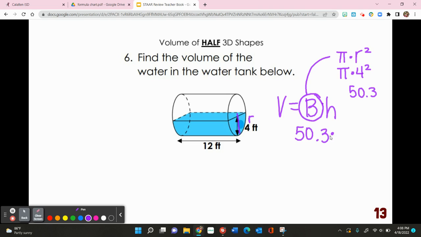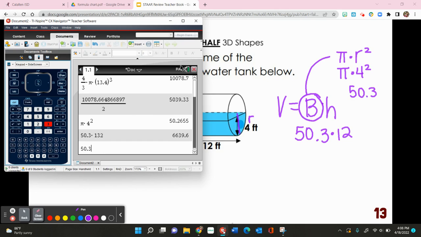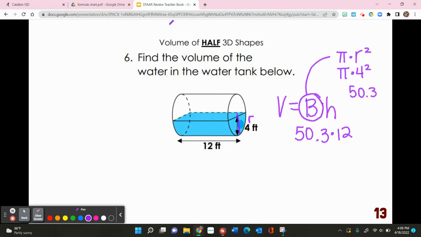Now I want to multiply this by the height of my cylinder, which is 12. So 50.3 times 12 is going to give us 603.6. So this is how much water the water tank can hold.